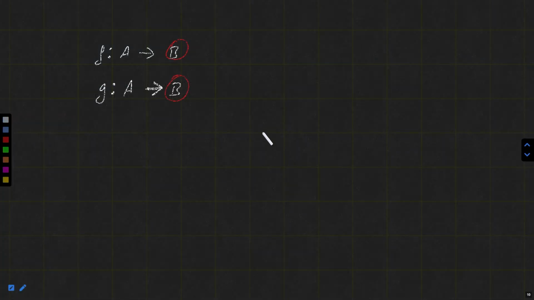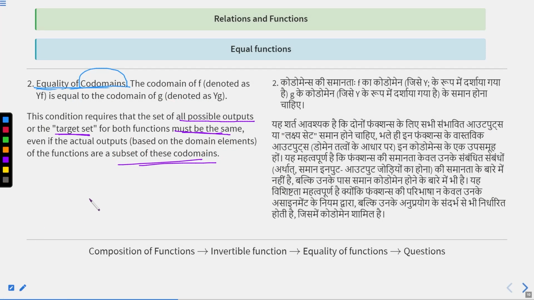So if we have two functions, f from A to B, and g must also be a function from A to B, then we say the two functions are equal when f(x) is equal to g(x) for every x in the domain of g and f. I hope that from the definition it is quite clear to you.